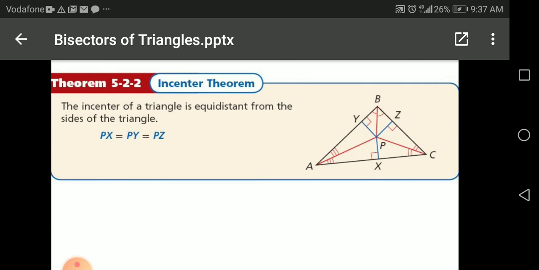After that, I have the Incenter Theorem. What about the Incenter Theorem, guys?